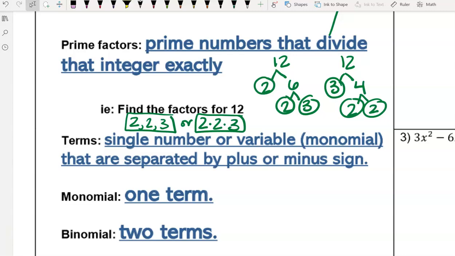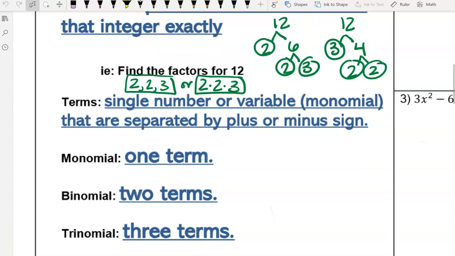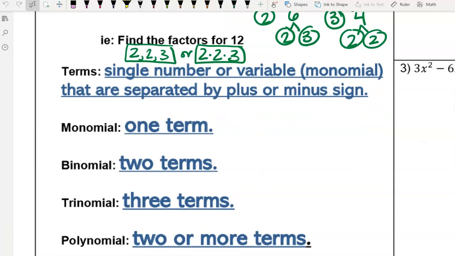Terms. Terms are a single number or variable, which is called a monomial, that are separated by plus or minus signs. So the first one is a monomial, one term. So for example, 2 is a term. Another example would be negative 100xyz.